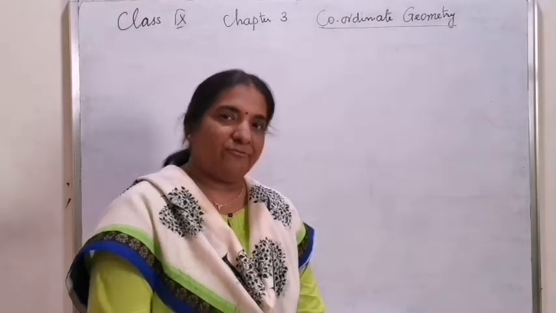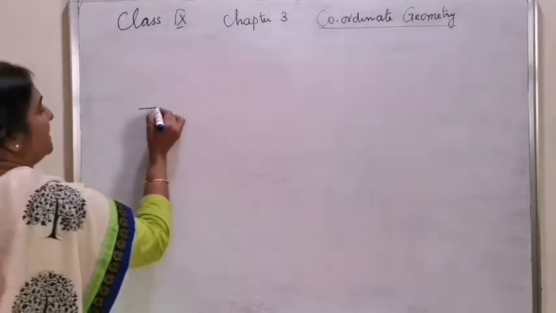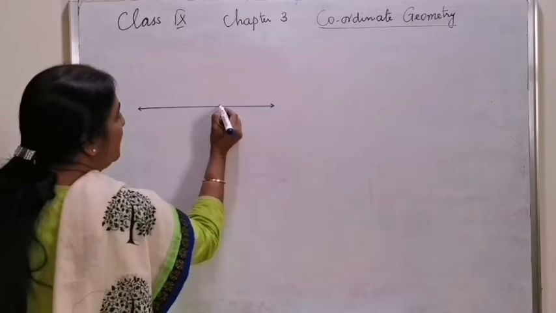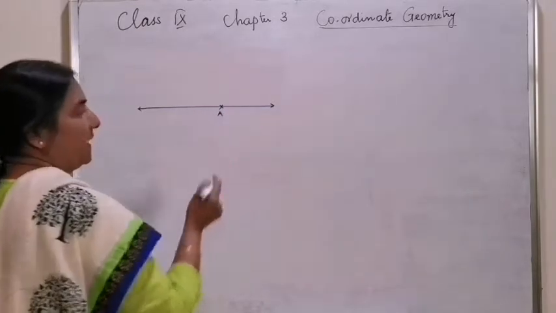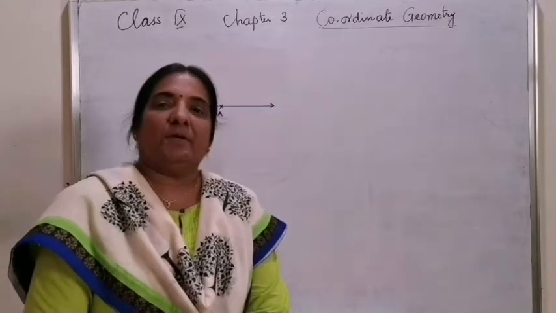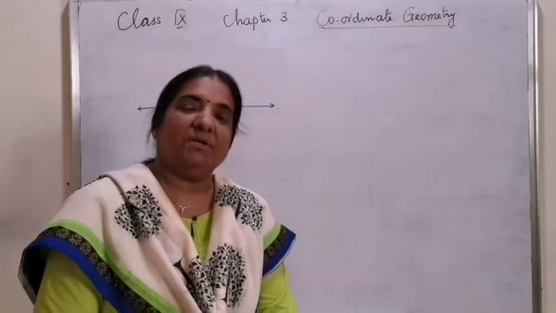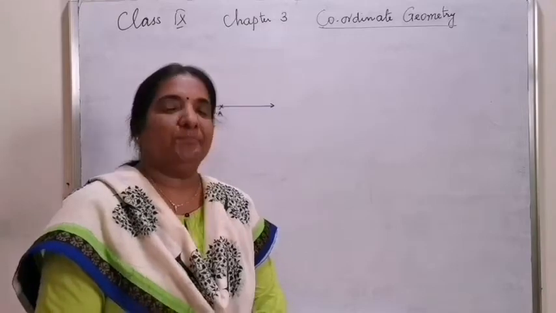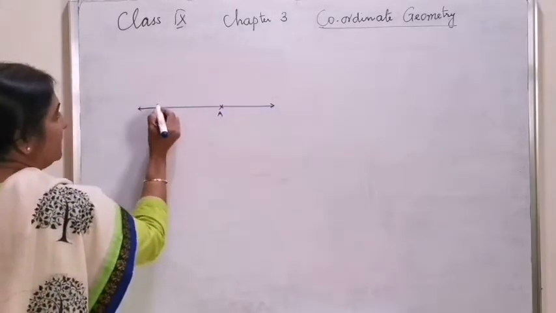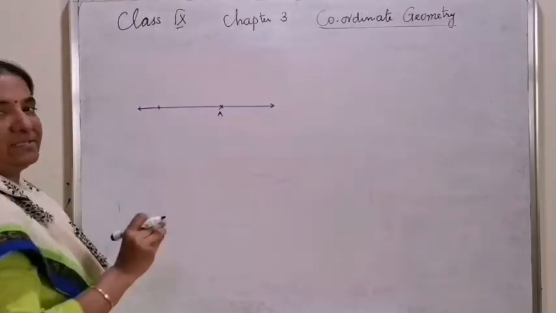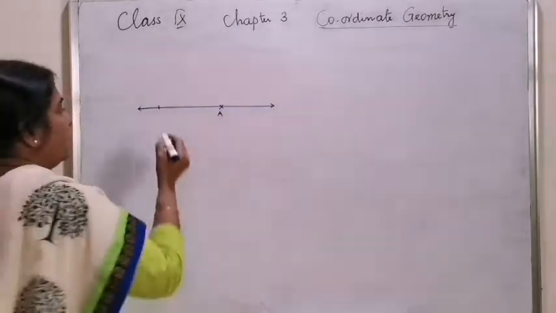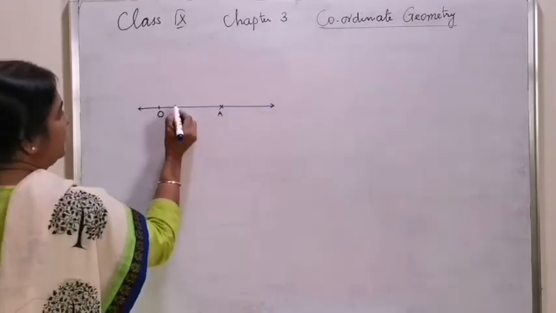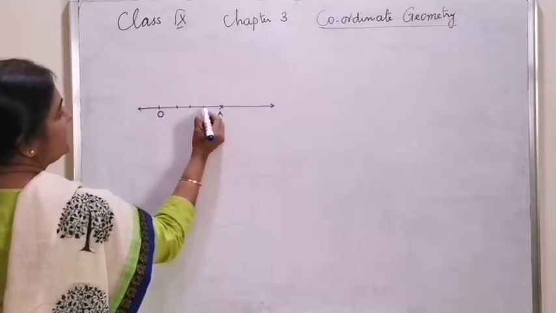If a line is given to you and a point A on it, you can attach a real number to the point A by making this line a real number line, starting with an origin 0 at equal distances.